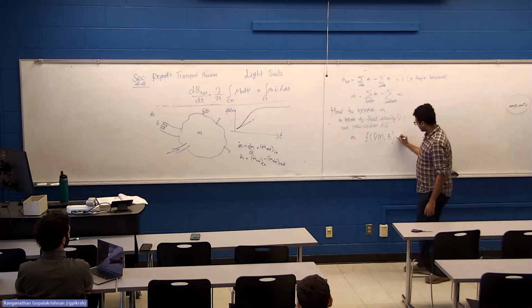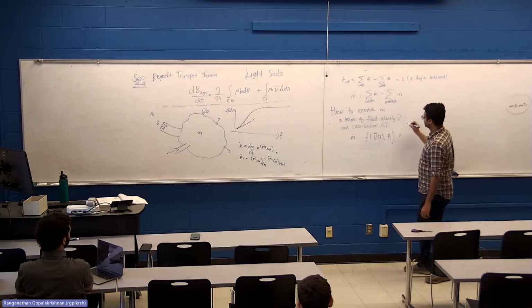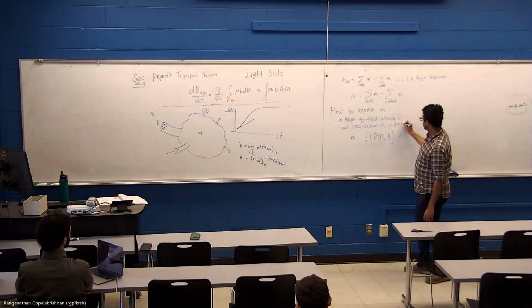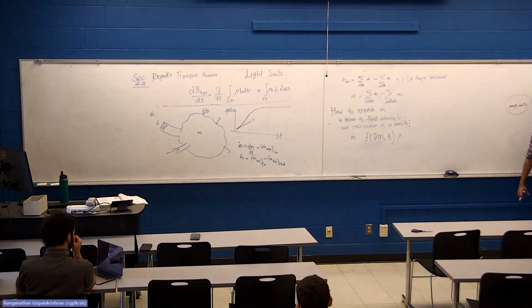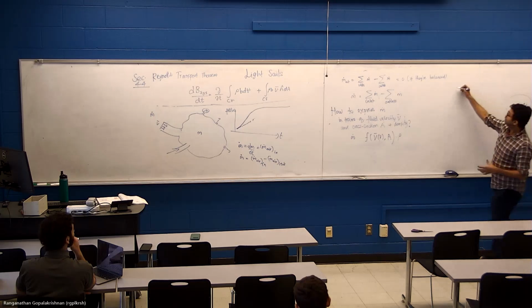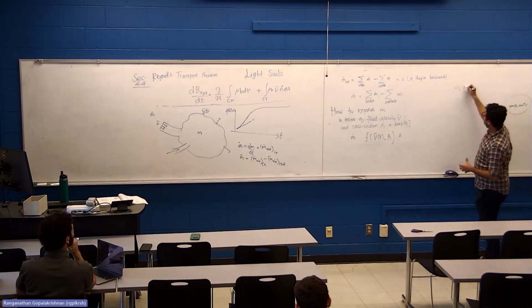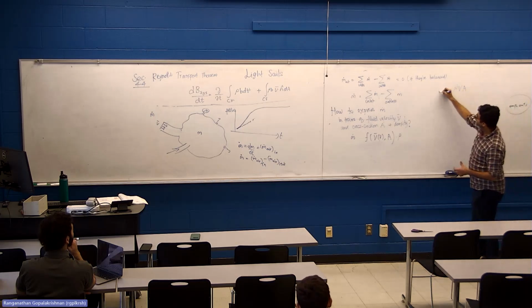Of course, it also has to have density. Do we know a relation between density, velocity, area, and mass flow rate? Rho V A is equal to m dot.